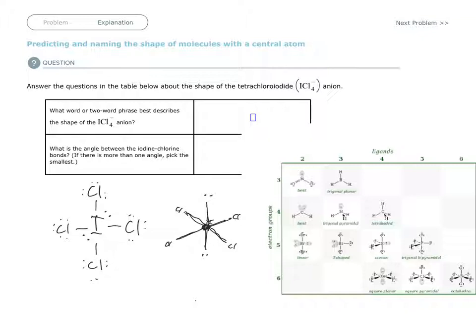Then if you have 3 ligands and no lone pairs, you'll have trigonal planar. When you have 4 electron groups, but 2 of those 4 are lone pairs, you also have a bent. If you have one lone pair and 3 ligands, you're going to have trigonal pyramidal. If you have 4 ligands and no lone pairs, you're going to have tetrahedral.